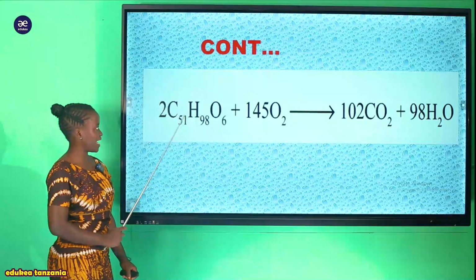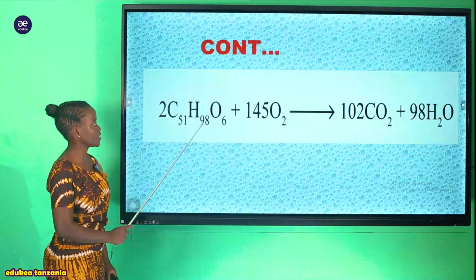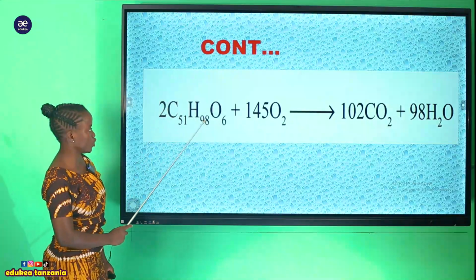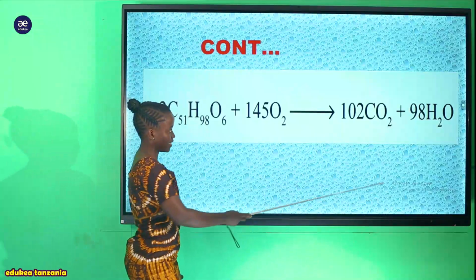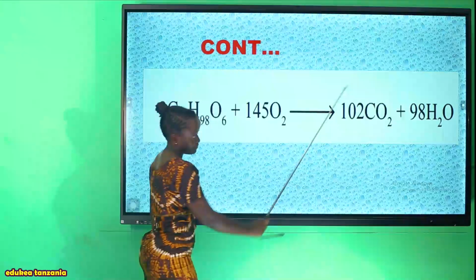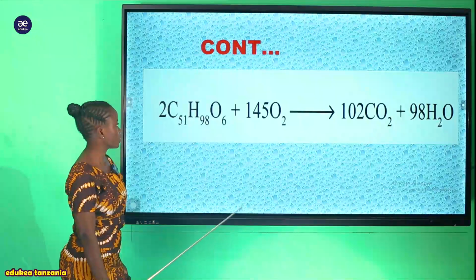Lakini pia ukija kuangalia numbers of hydrogen which are present here, it is 98. So you'll times with 2, you'll get its total. And ukiangalia kwenye hii reactant kwenye products pia the same, zinapatikana hivyo hivyo.